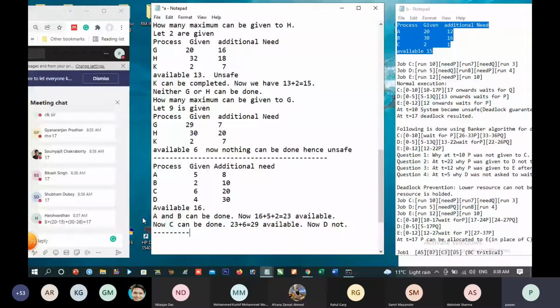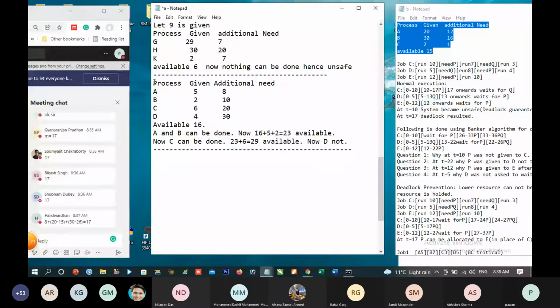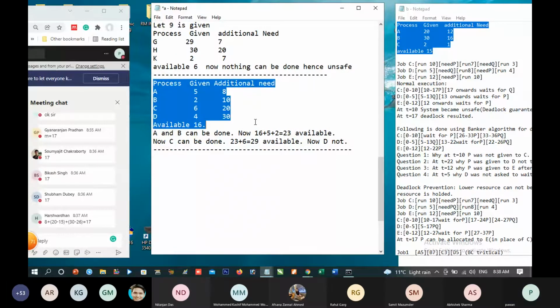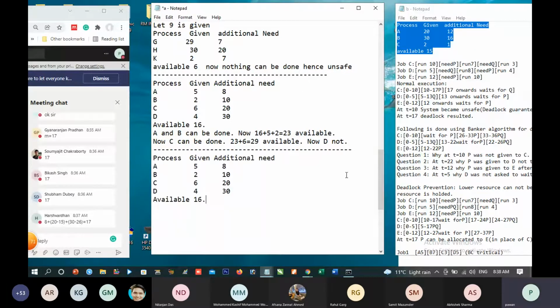Now, next comes this question. How many maximum can be given to A, B, C, D? A, B, C, D. Answer this question.